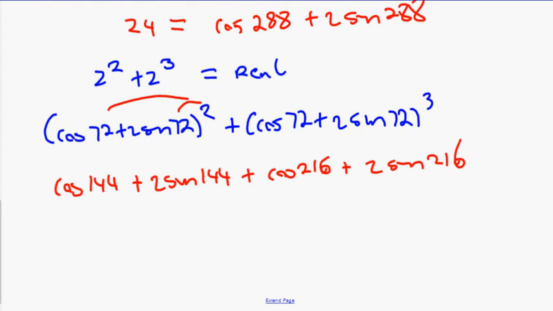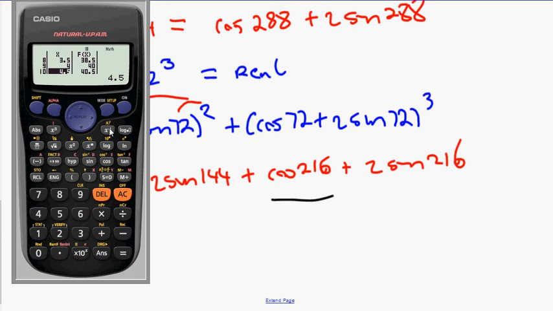Now what I'm going to do next is add the two of these together using the calculator. So we have cos 144 plus cos 216. What we get there is minus 1.618.